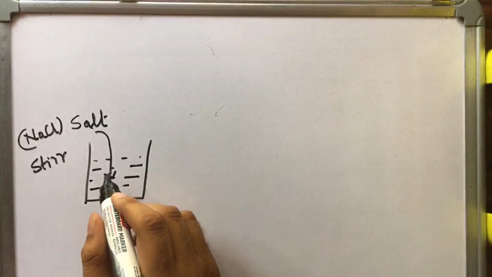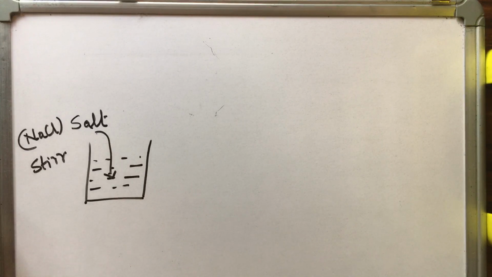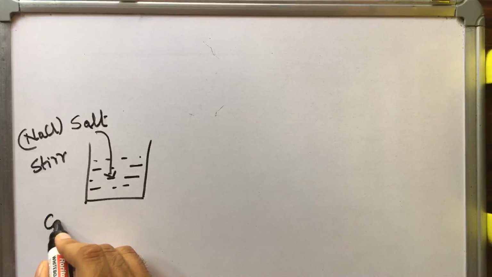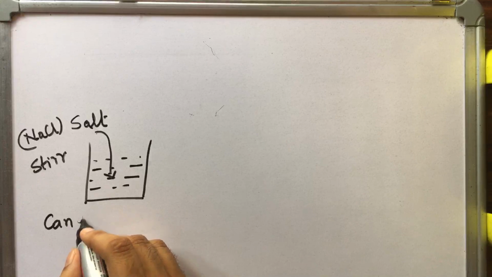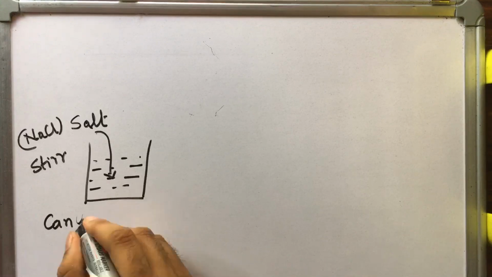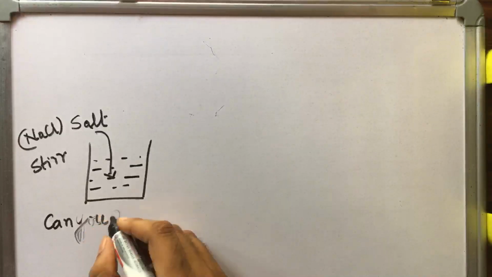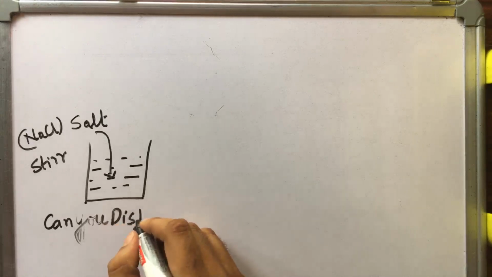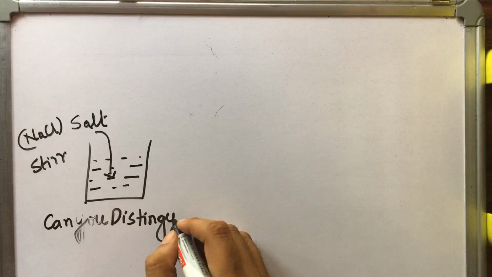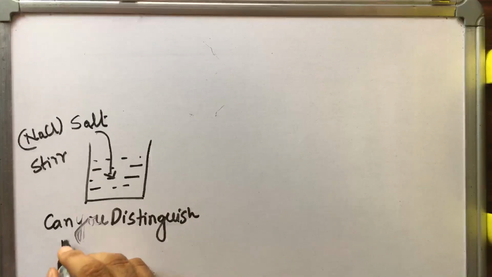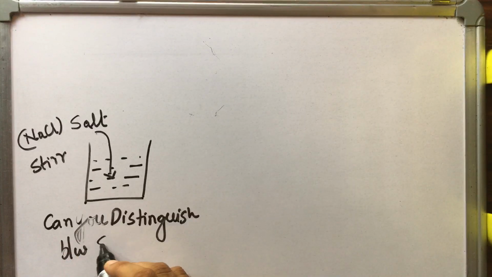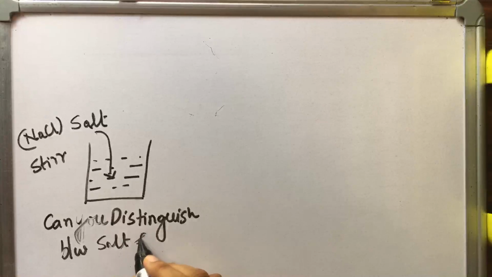After stirring, can you see the particles? Once you stir, it becomes NaCl solution. Now can you distinguish between salt and water? Is it possible?